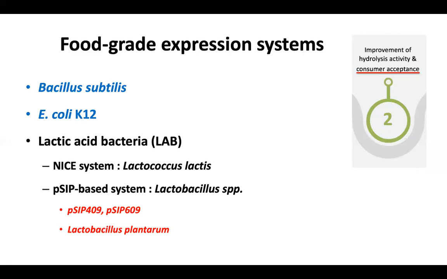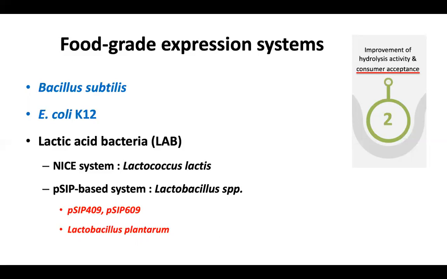What are the expression systems for food applications, of recombinant protein for food application? First is Bacillus subtilis, all right? This is a bacteria that has been used for a long time. It's proof that it's safe. You can eat it and you will be okay.